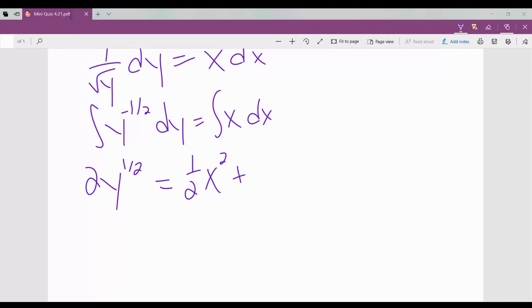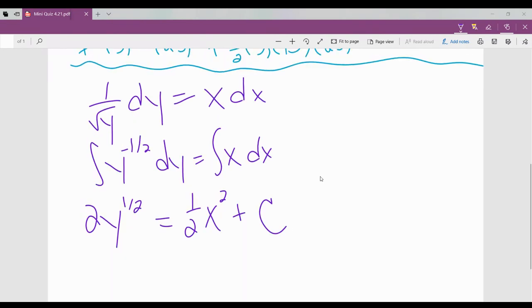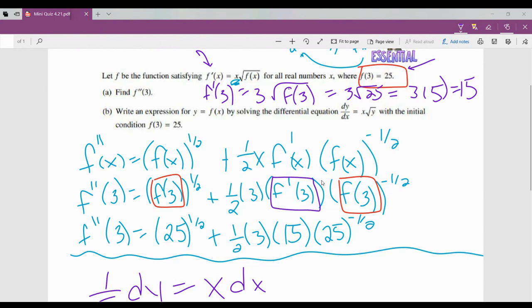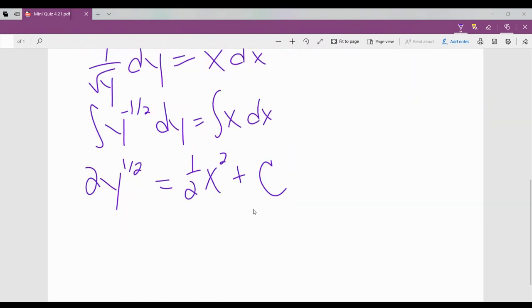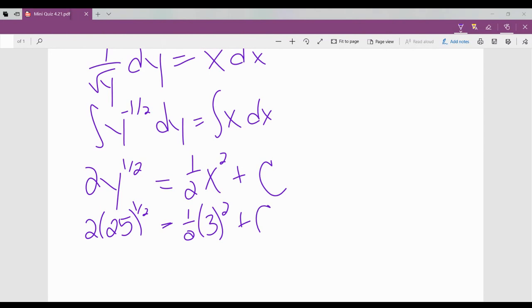Don't forget, plus c. All right, so at this stage of the game, I say, all right, can I plug in my initial condition of 3, 25? Yeah, it's not too bad. I can plug in 3, 25 here. So 2 times 25 to the 1/2 equals 1/2 times 3 squared plus c.